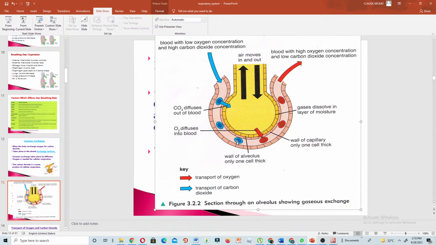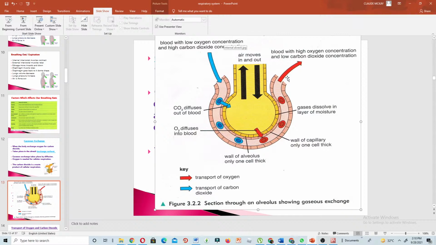While all of that is going on, the brain still needs some oxygen. So the oxygen is now leaving the alveolus, going into the same circulatory system, and the circulatory system takes it all the way back up to the brain.